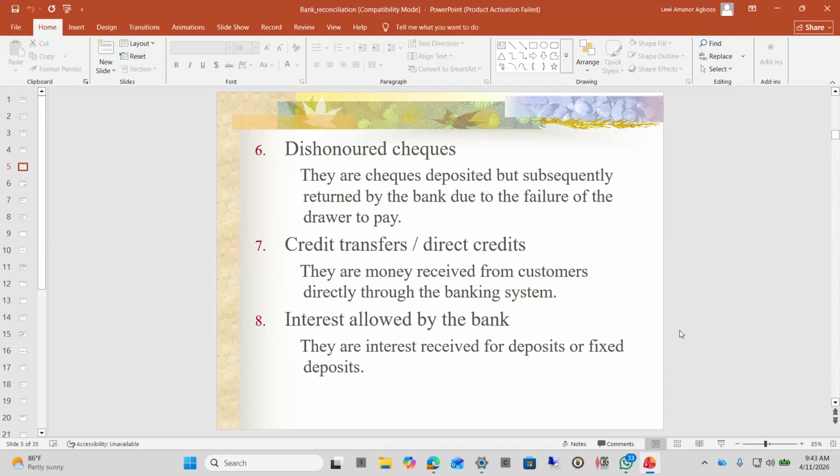The person who issued the check is what we call the drawer. And the person going to withdraw the check is what we call the drawee. So if Abraham issued a check to Queen, then Abraham is the drawer, Queen is the drawee. All right. Queen, get ready for your check.